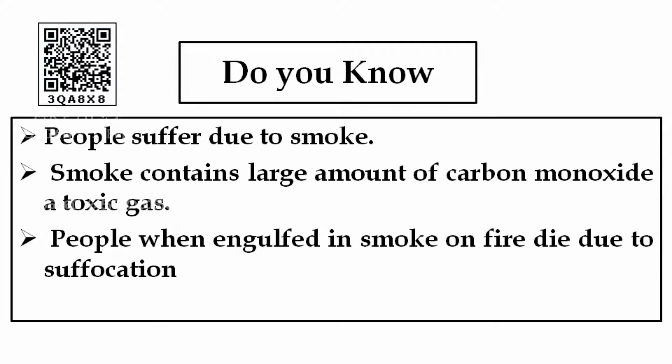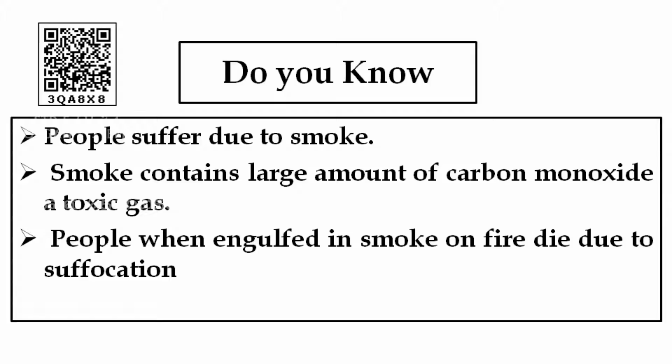Okay, children. Do you know people suffer due to smoke? Smoking is injurious to health. We all know smoking is very injurious to health. Smoke contains a large amount of carbon monoxide, a toxic gas.